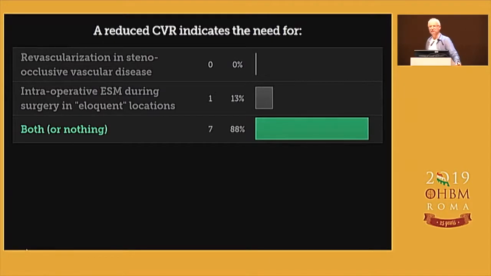Okay, so you improved. And you probably noticed that I made a slight change. In the first slide I said, is thought to indicate. Here I said, indicates the need, and I also gave you the choice of nothing. So I don't know yet.